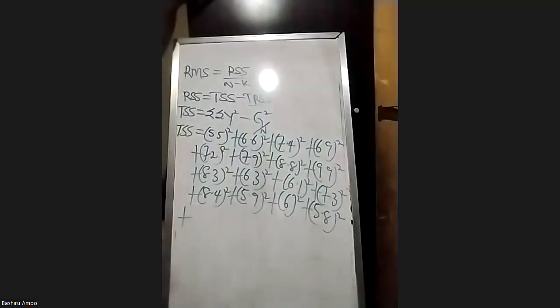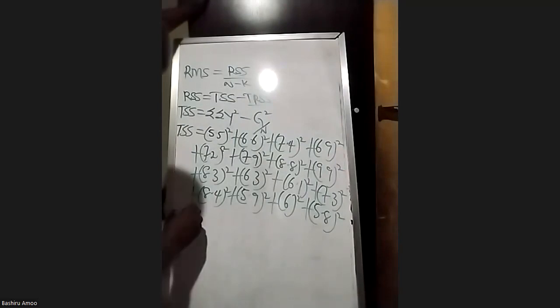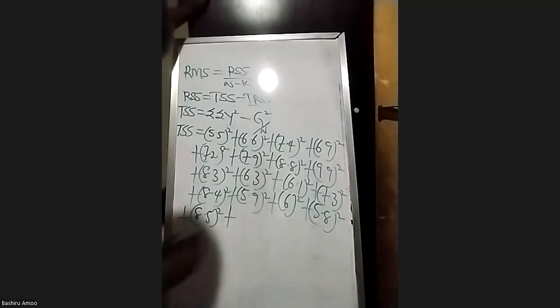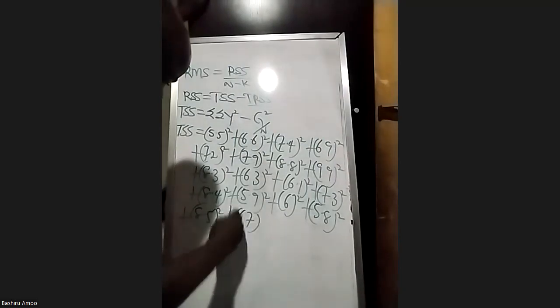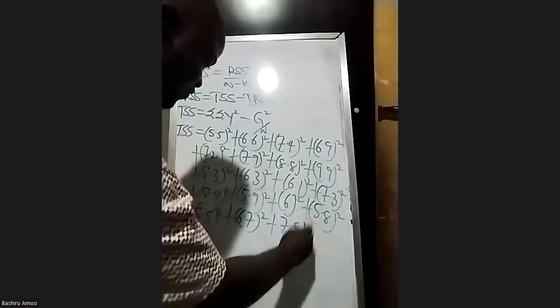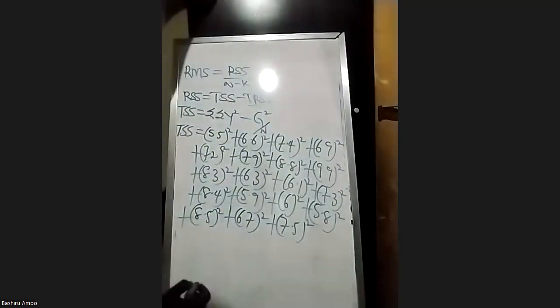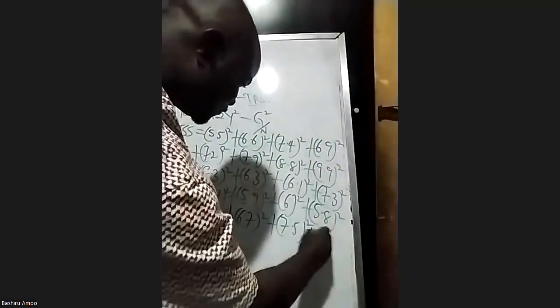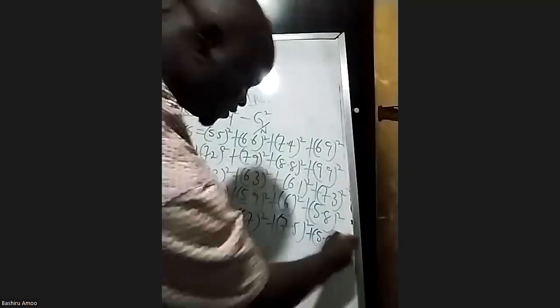Please, somebody help us do 5.8 square plus 8.5 square plus 6.7 square, 7.5 square, and the last one is plus 5.6 square.